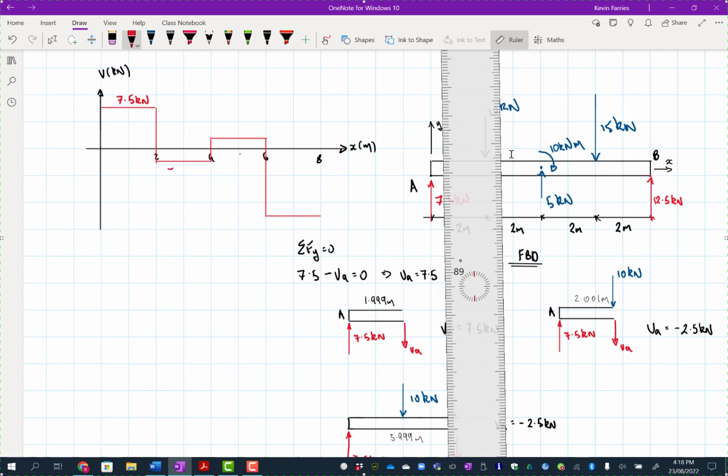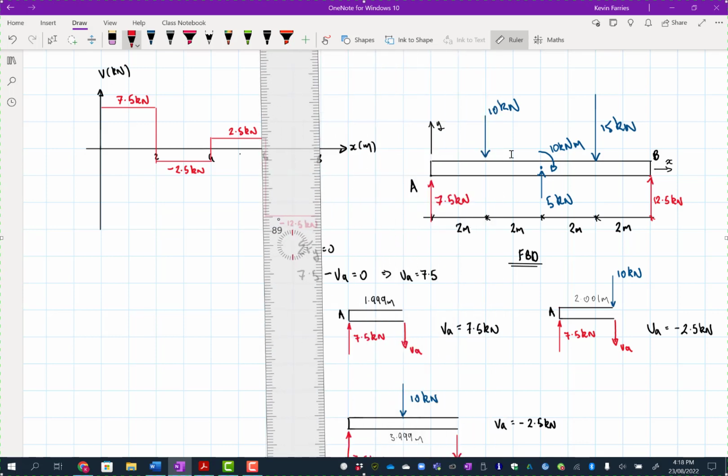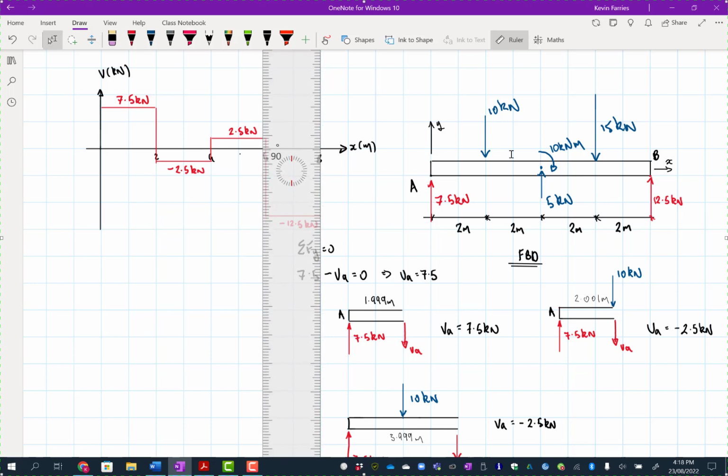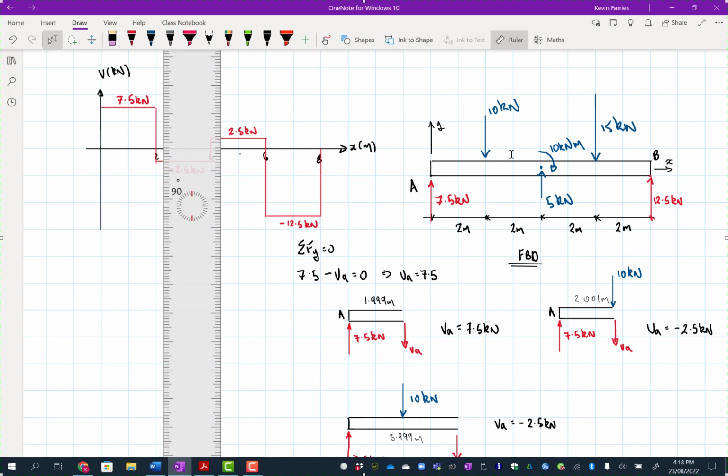So this was minus 2.5 kilonewtons. This one was 2.5 kilonewtons. This was minus 12.5 kilonewtons. And then we're adding on the reaction 12.5 and it gets us back to 0. And that's a way of checking you haven't made a mistake. If it doesn't come back to 0 at the end, at the other support, then you've made a mistake somewhere.